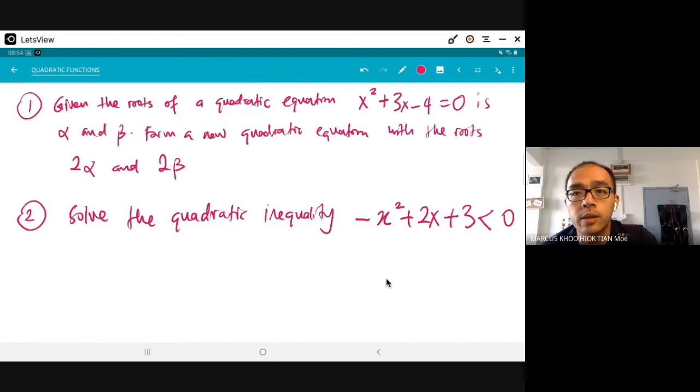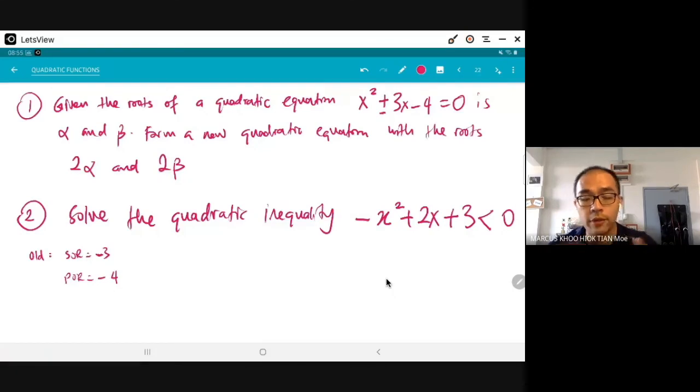Okay, there are 5 more minutes left, so let me just get down to this. For the first question, first of all, make sure that the number in front of x squared is 1, that there is no other number there. The sum of roots is negative 3, opposite, and the product of roots is negative 4.